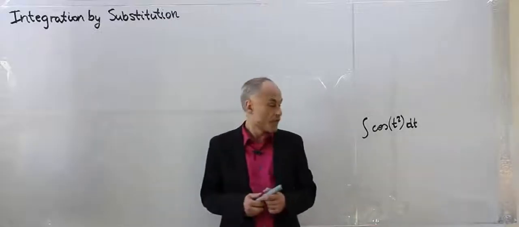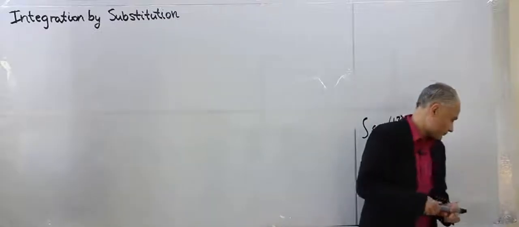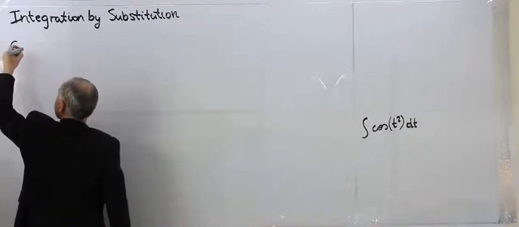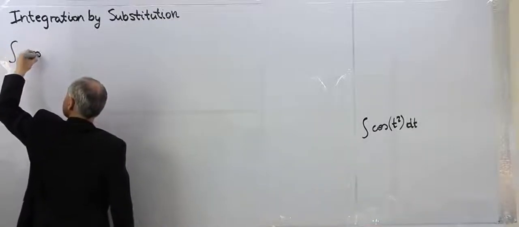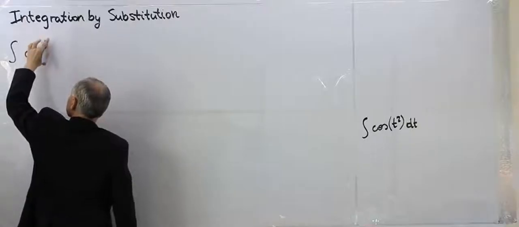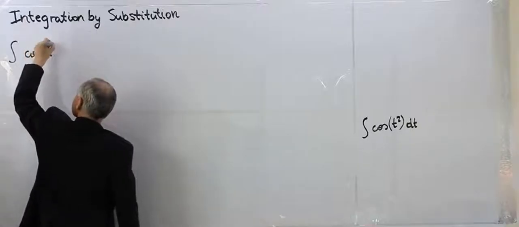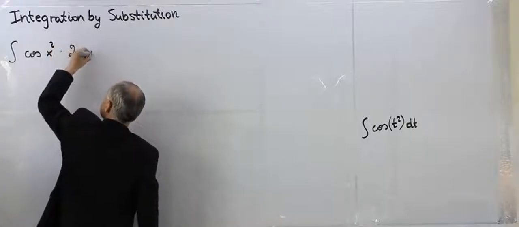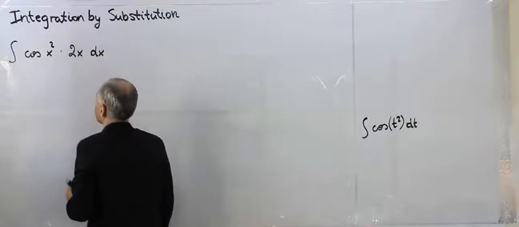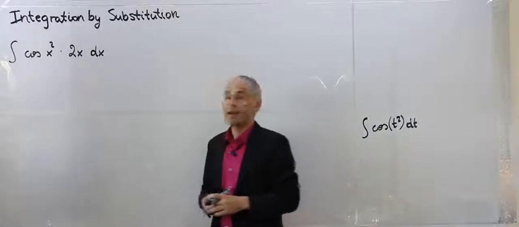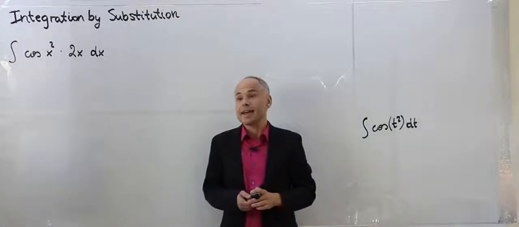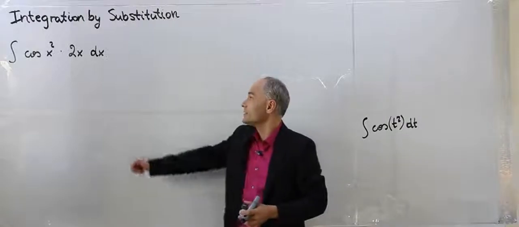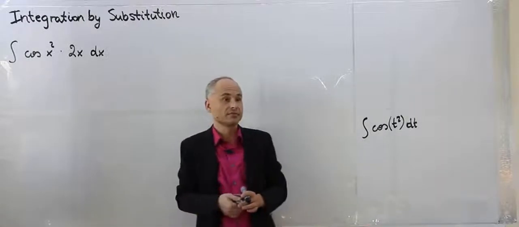Let's look at our first example. Let's say that we would like to find the integral of cosine x squared times 2x dx. Can you guess what the general antiderivative of this function is?